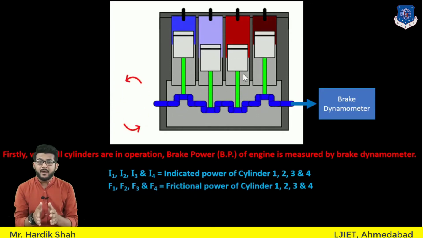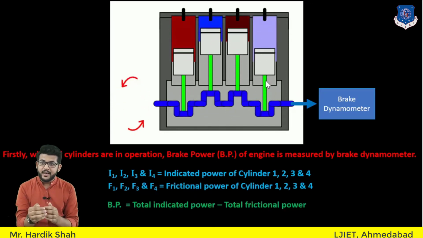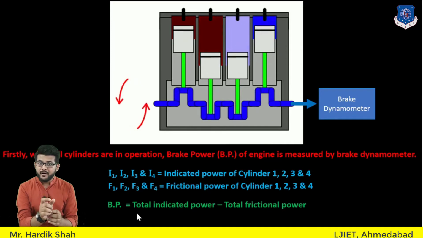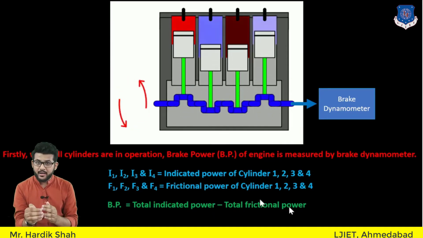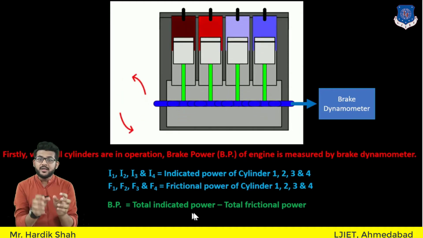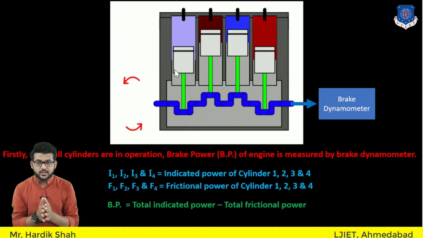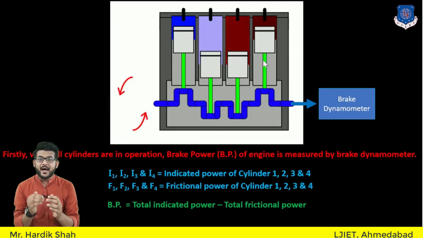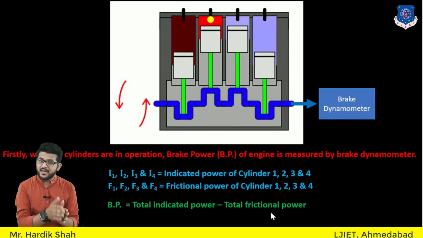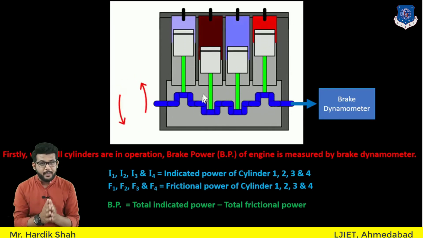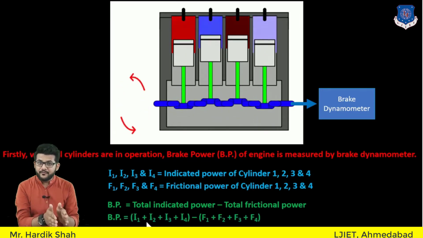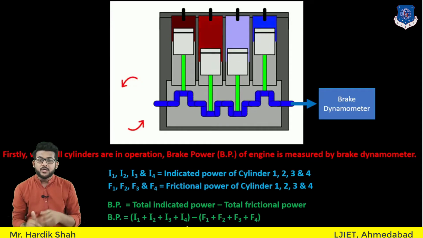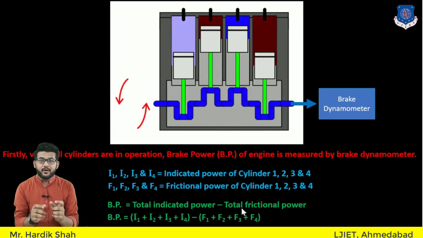Brake power of the engine can be calculated as total indicated power minus total frictional power. For the total indicated power, we add the indicated power of all the cylinders: I1 plus I2 plus I3 plus I4. The total frictional power is F1 plus F2 plus F3 plus F4. So we got the brake power of the engine.